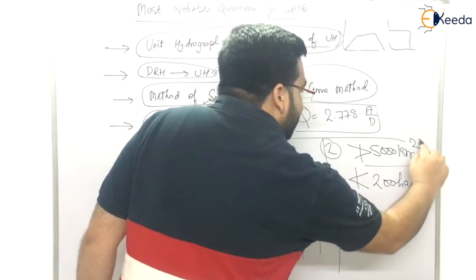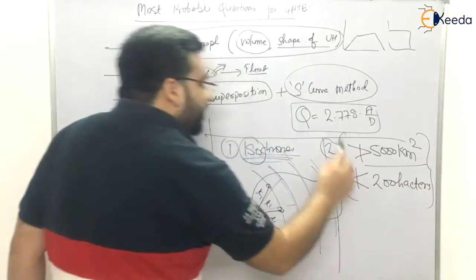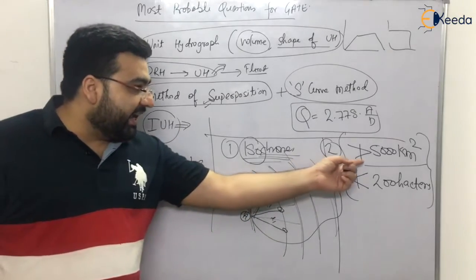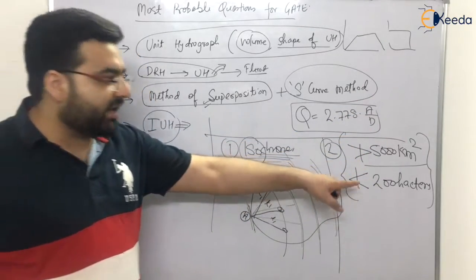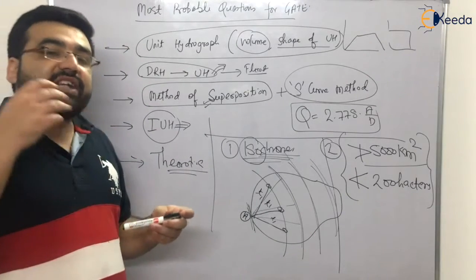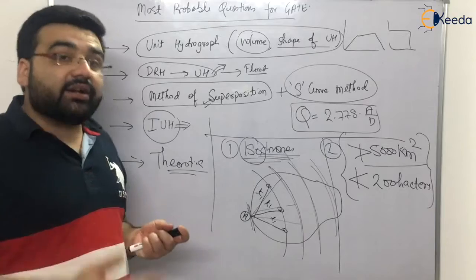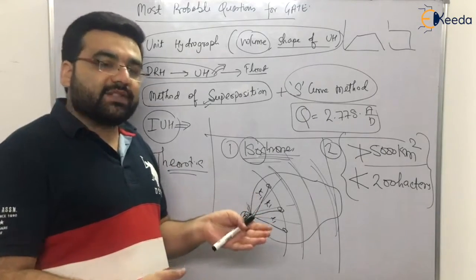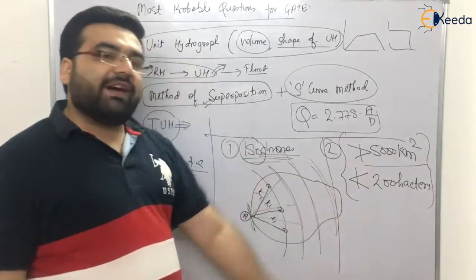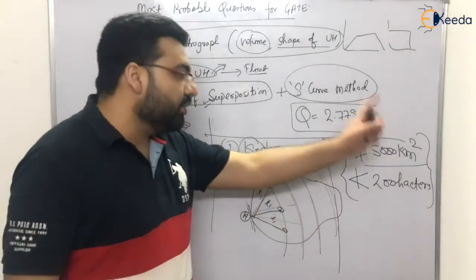If the area is more than 5,000 square kilometers or less than 200 hectares, many errors arise in the calculation of hydrographs. So the method is valid only for areas between 200 hectares and 5,000 square kilometers.